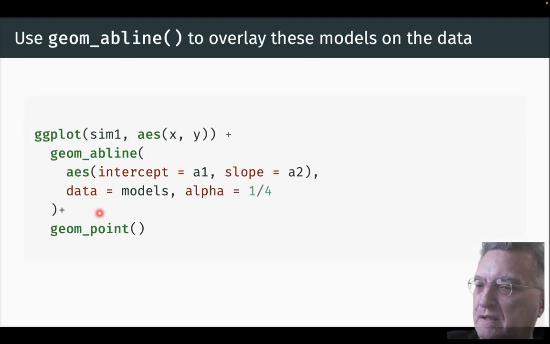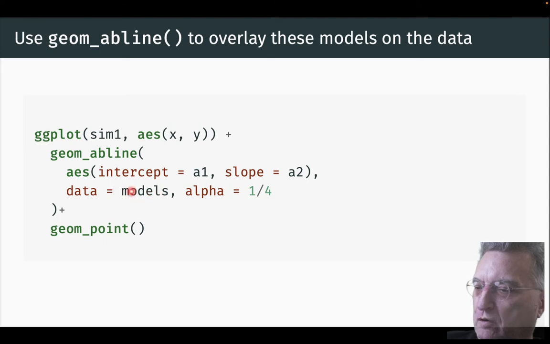And we can plot these models on the data. So we can say an AB line can take an intercept and a slope, and we use A1 as the intercept and A2 as the slope. And we make these not completely opaque, so we can see through them to each other.